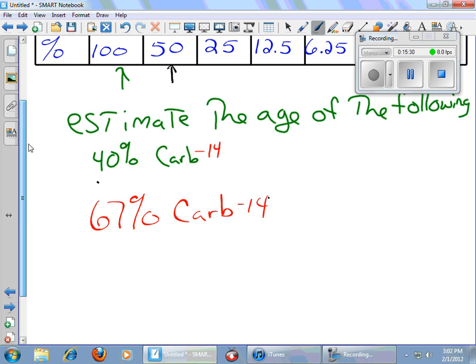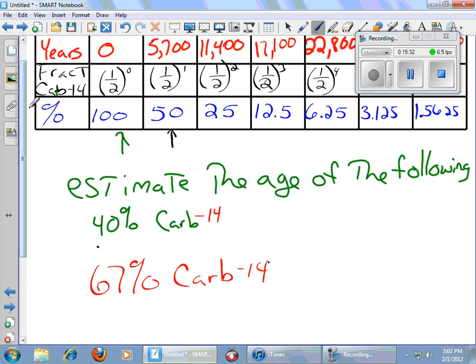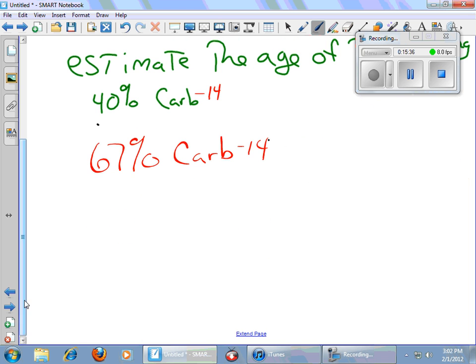Well, I know that 67% is between 100 and 50. So I'm going to have 100% over here, and 50% over here. 67% is going to be somewhere in the middle. In the middle here, I think would be 75%, right? 67 is going to fall in here.